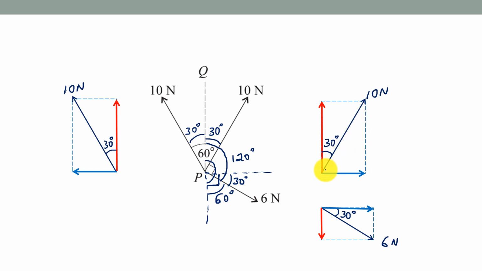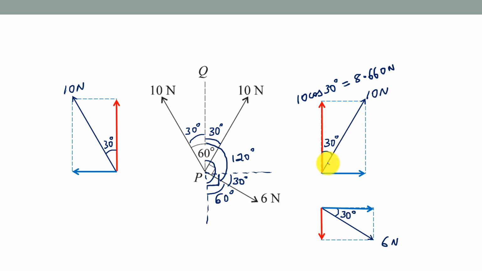This 10 Newton force, if I were to resolve it in this direction, this will be 10 cos 30. This one here, 10 cos 30. And that will give us 8.660 newtons.